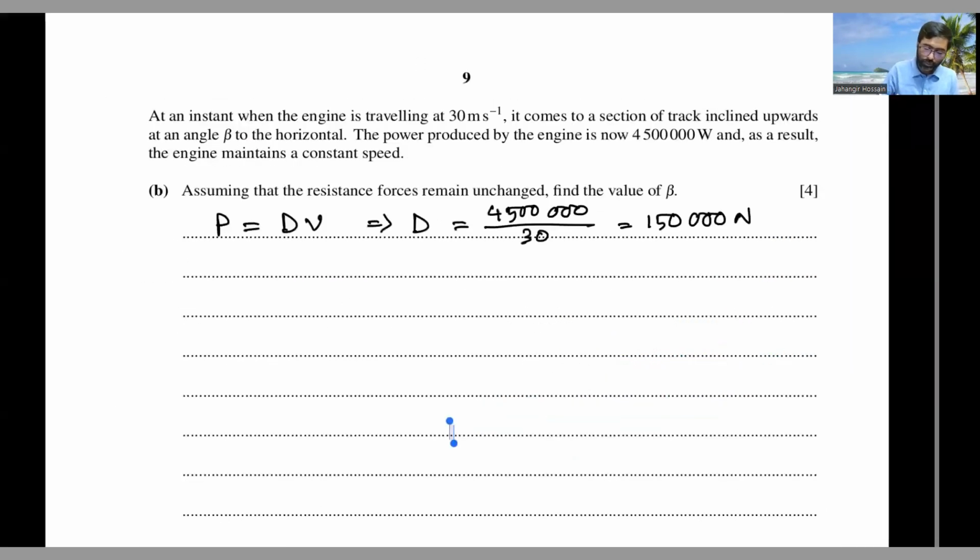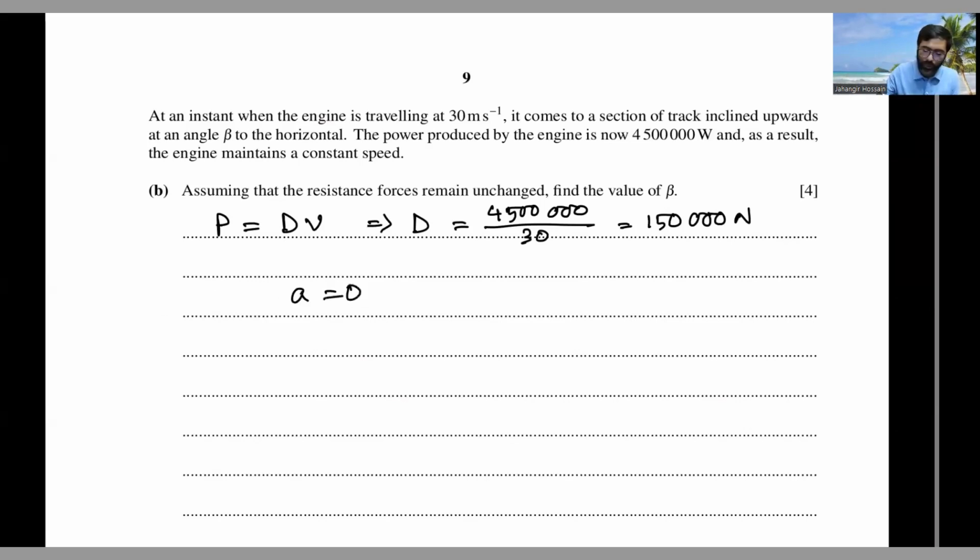Okay? So if you consider the engine, we write the equation D minus T. D is 150,000. Since the situation has changed, there will be a new tension. We don't know the tension yet. And since it is moving with constant speed, acceleration is zero.